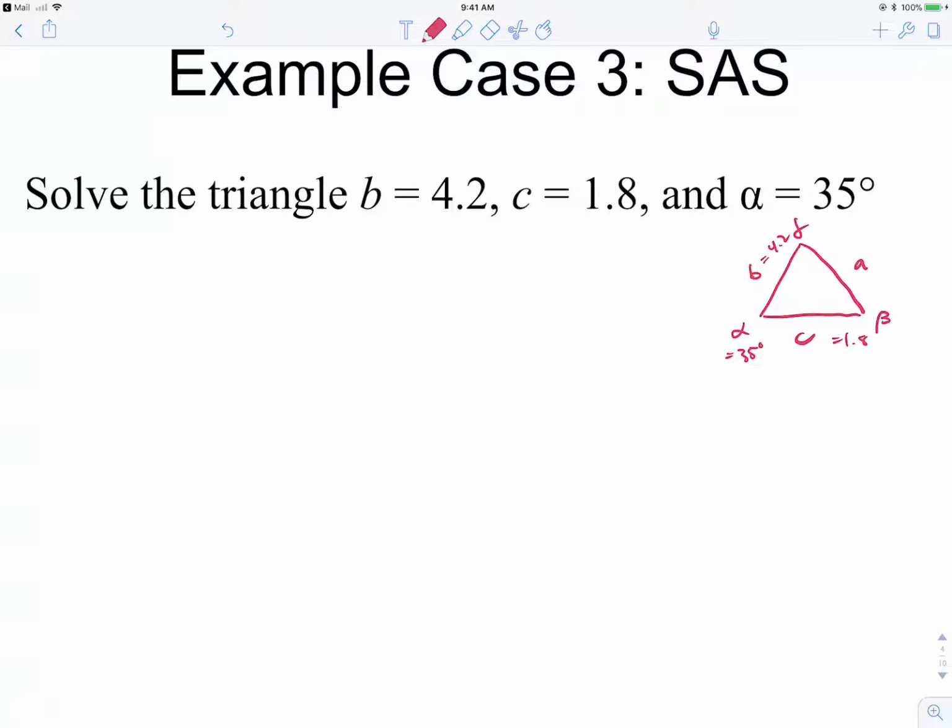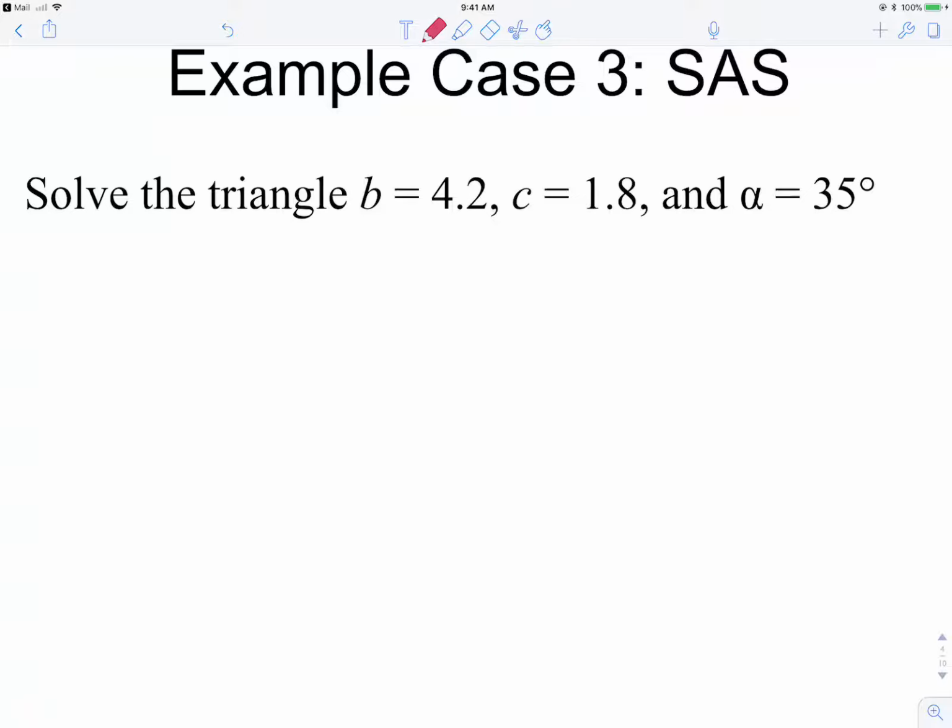So I see, oh, okay, I'm given side angle side. That means law of cosines. If I wanted to try to solve for one of the other sides or angles here, there's no way that I could use law of sines to do that. So that's also just kind of a red flag that, hey, I need to use law of cosines. And the only thing that I can solve for right now is going to be side A.